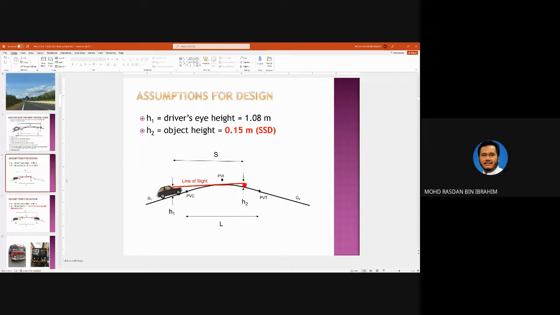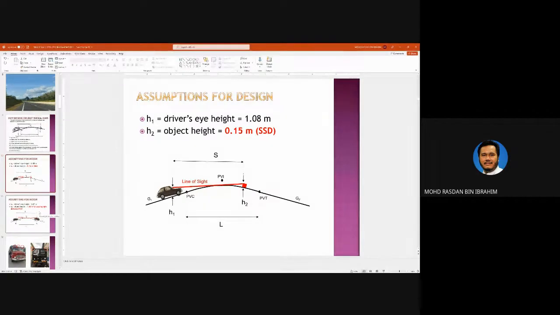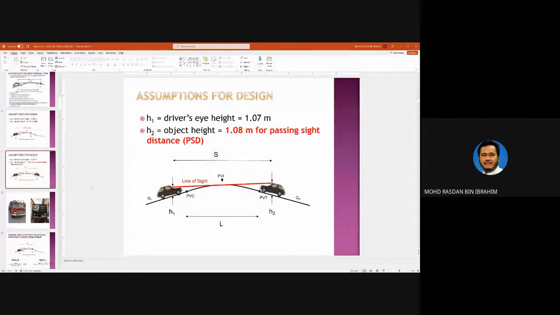If you want to take into account passing, you need to take the height of the coming car on the other lane. So now H2 will become 1.08 meters. As soon as you see the car coming, the distance here must be adequate for you to pass.